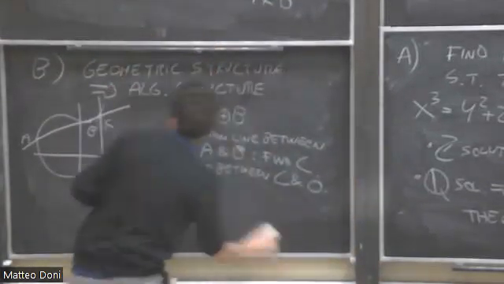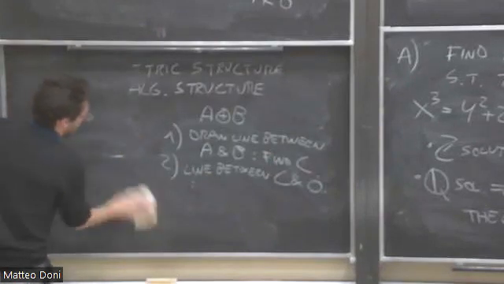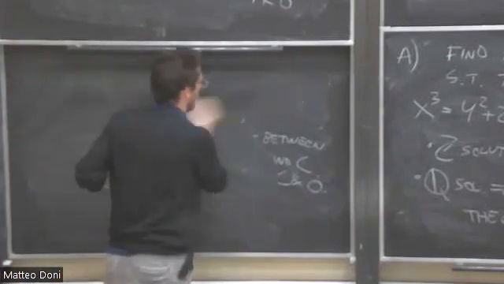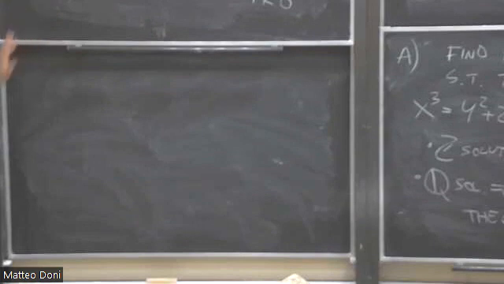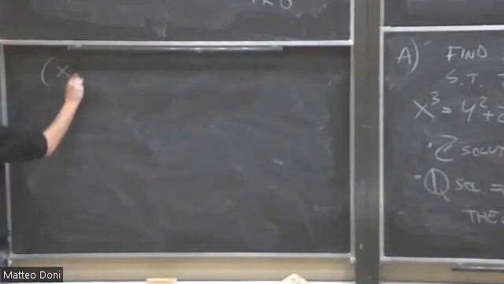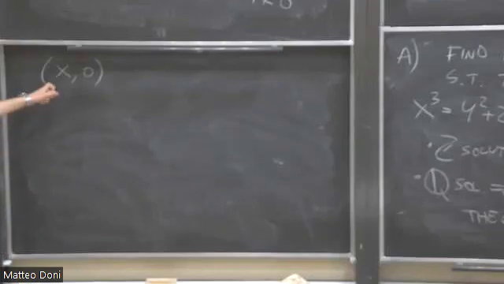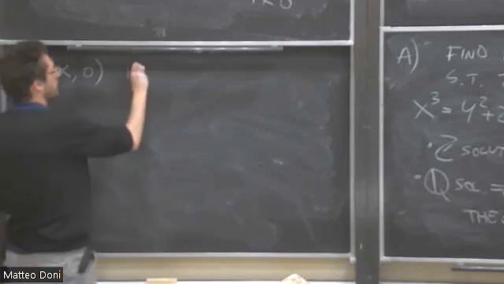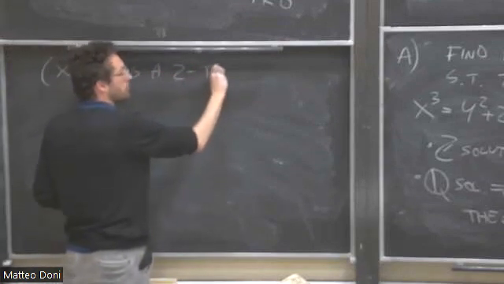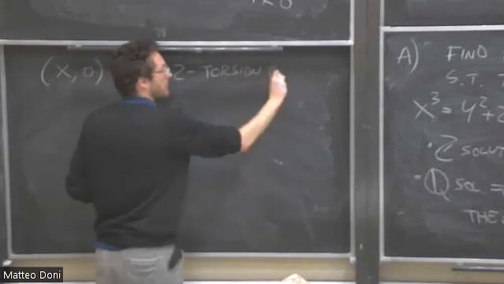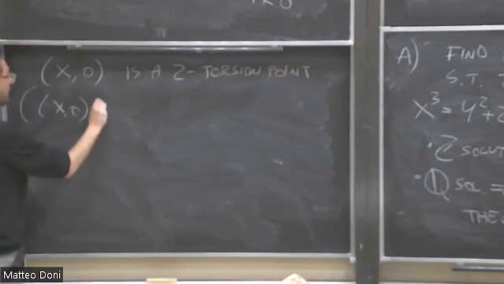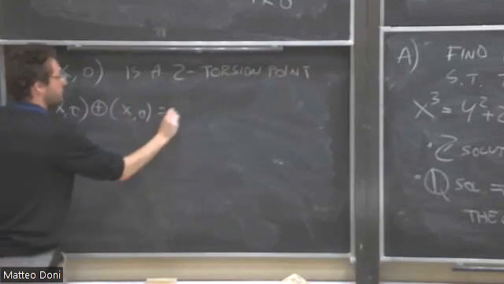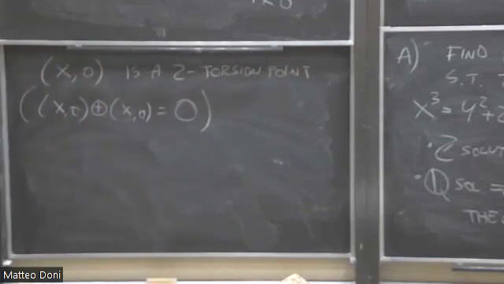This is also nice from an algebraic point of view, because if I consider the group of Q solutions of my elliptic curve, then by the geometric group law, it is not difficult to prove that a solution of the form (x0, 0) is a two-torsion point, meaning that if I sum this point with itself, I obtain exactly the point at infinity.